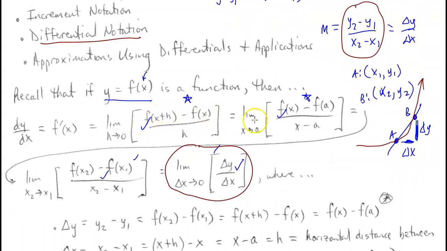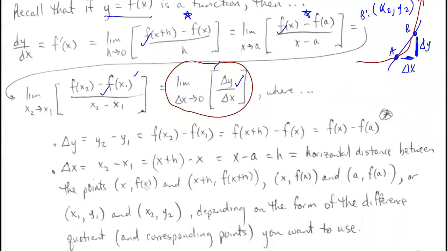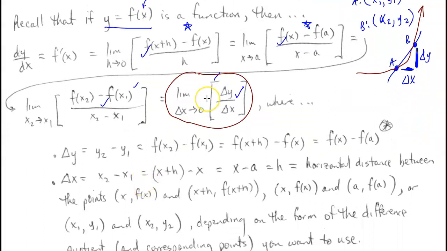So we have all 4 forms of the definition of a derivative in terms of the limit of the difference quotient. And down here, what I am doing is basically saying, hey, the other 3 forms, how does all this relate to this last form here that I've circled?